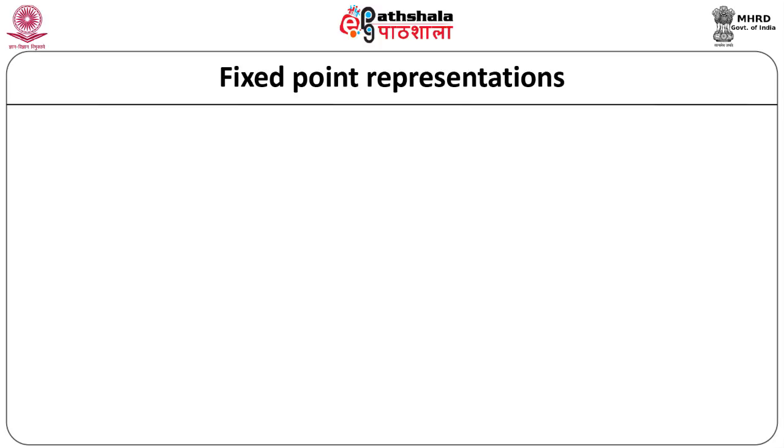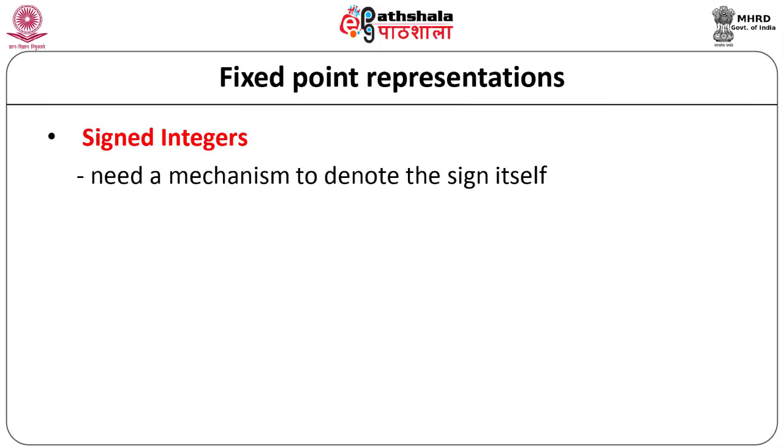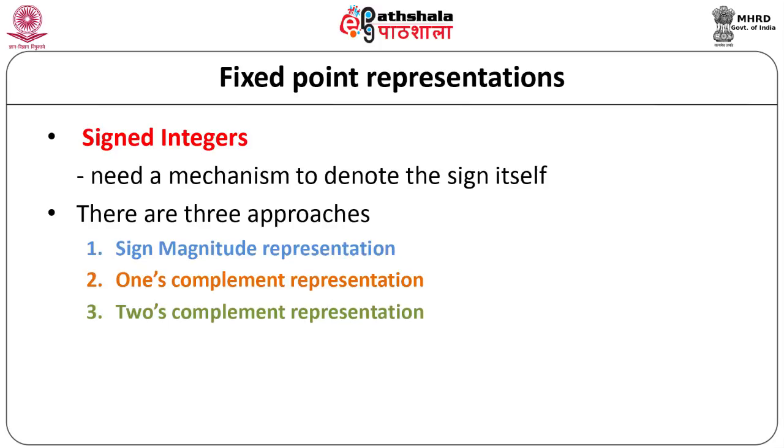To implement signed integers or signed fractions, we need a mechanism to denote the sign itself, positive or negative. Unfortunately, this introduces a new problem. So, we need to see there are 3 different approaches, all of which add a special bit as the sign bit.